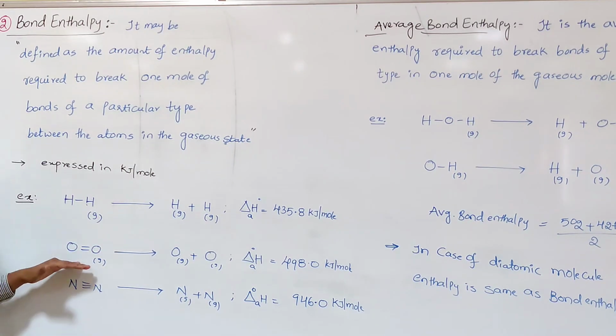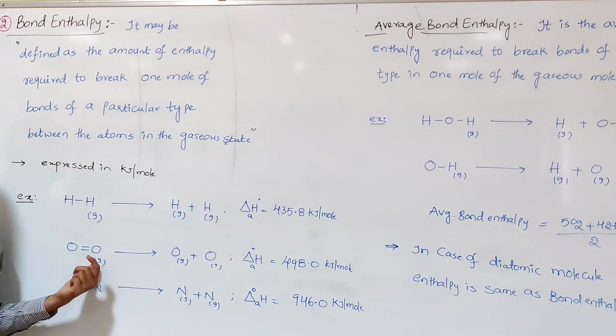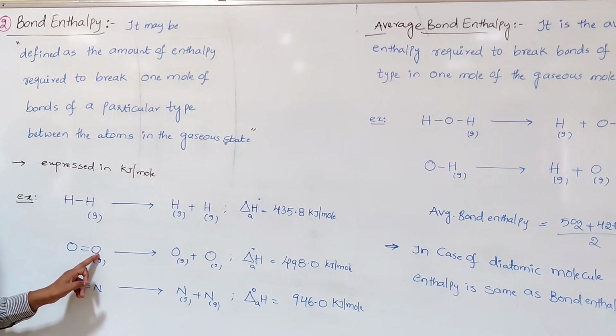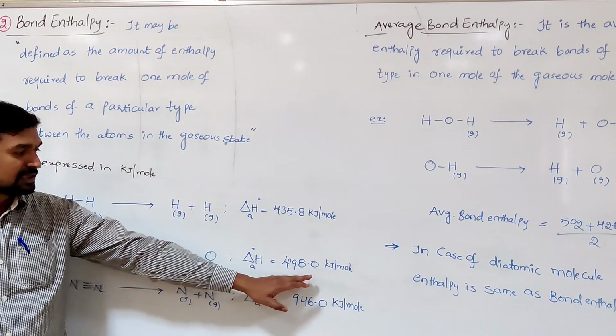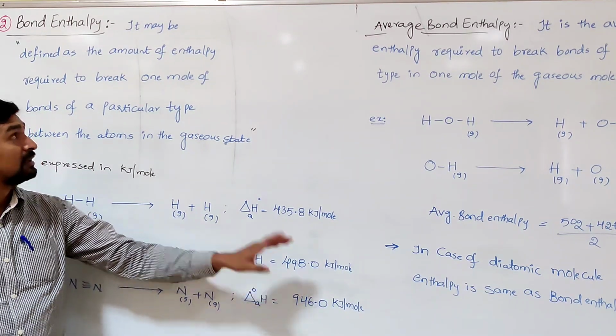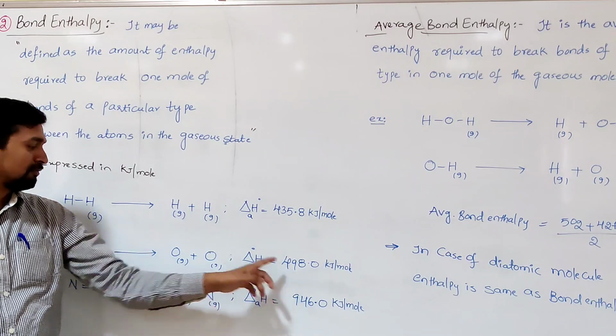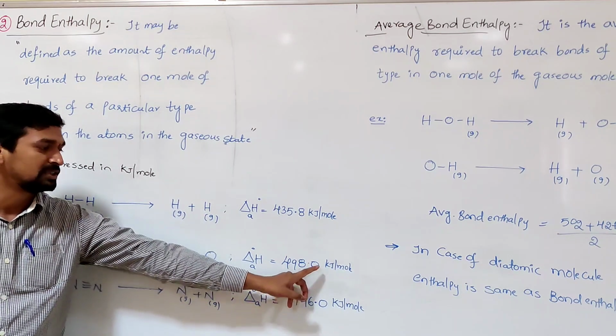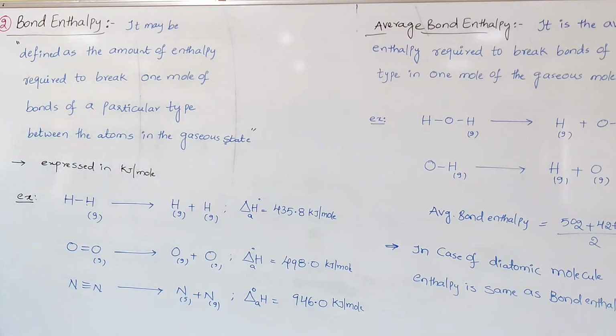In oxygen, the atoms are held together by a double bond. The two lines present clearly indicate a double bond. Here there is only one type of bond. To break the double bond present between the two oxygen atoms, the energy required is called the bond enthalpy of the O=O bond, that is 498.0 kilojoule per mole.